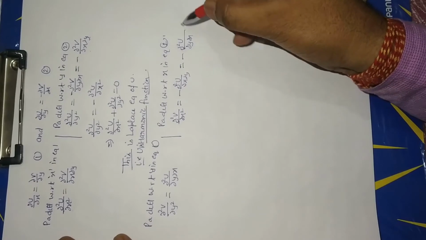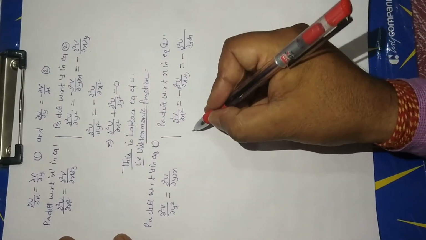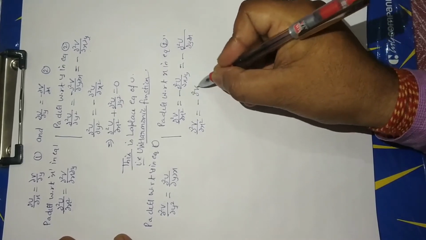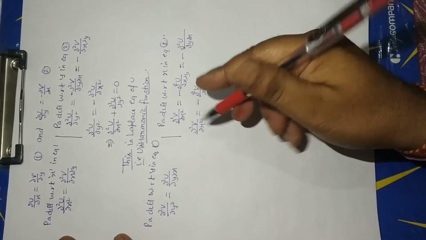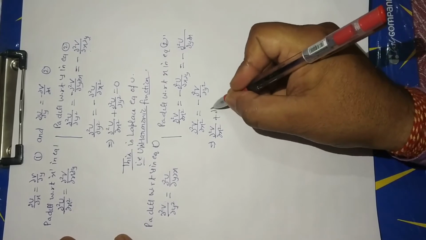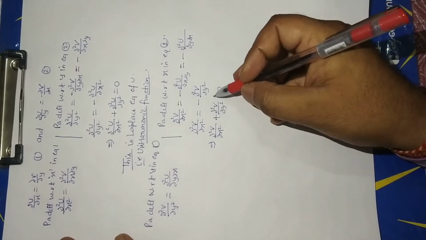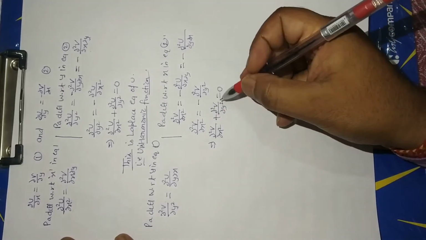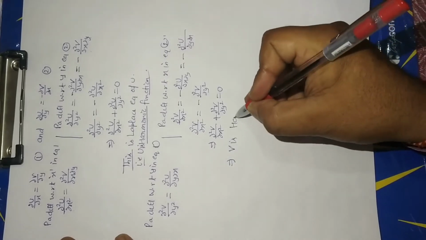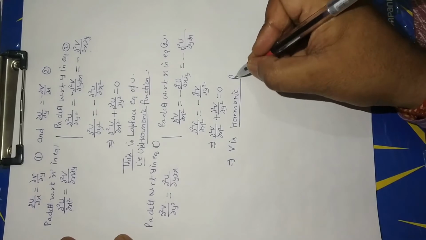The value of del 2u upon del y del x put here gives del 2v upon del x2 equal to minus del 2v upon del y2. Now del 2v upon del x2 plus del 2v upon del y2 is equal to 0. This is the Laplace equation in v, which implies v is a harmonic function.